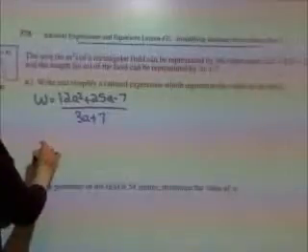So what would I need to do to the top? If I have to simplify a rational expression, what do I want to do with the top expression? If I had 24 over 4, what would I do?